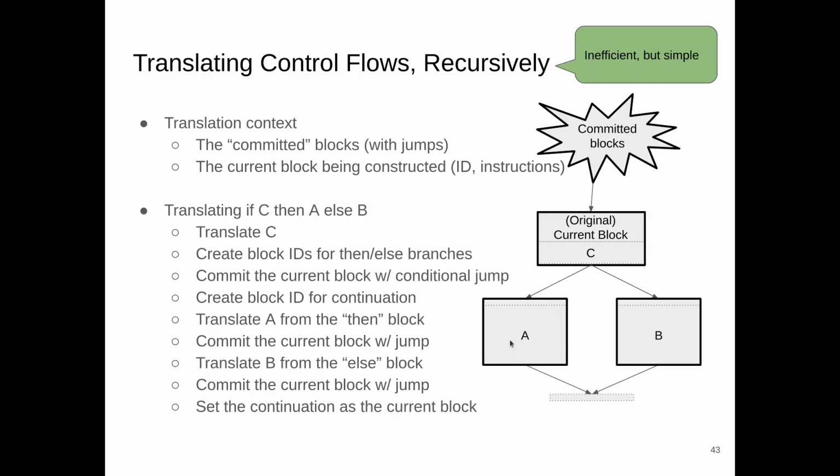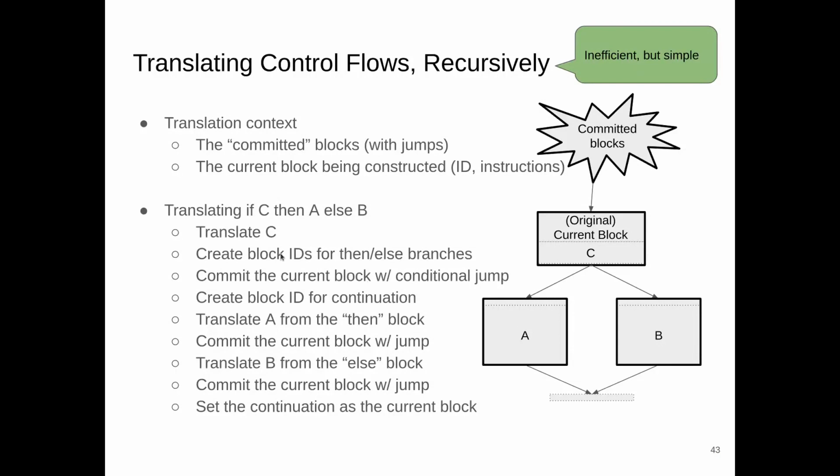But at the end of the translation, it is going back to the continuation block. That's the reason why this translation context plays a key role in this translation, and it can be done in a recursive fashion.